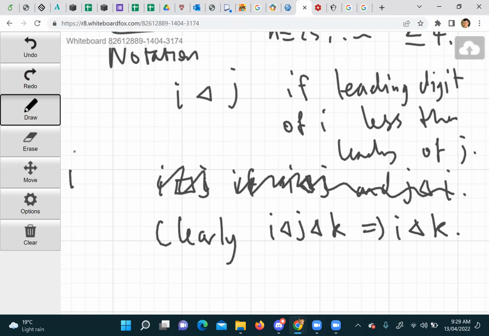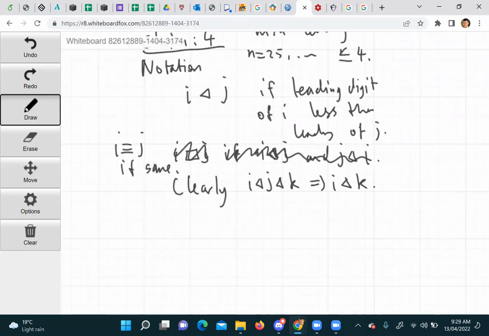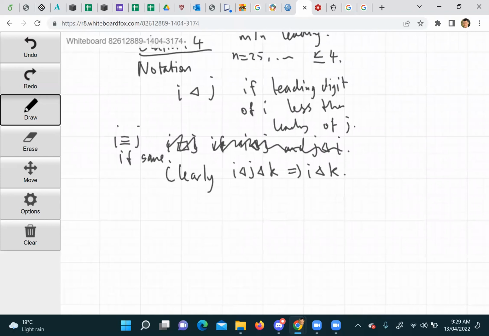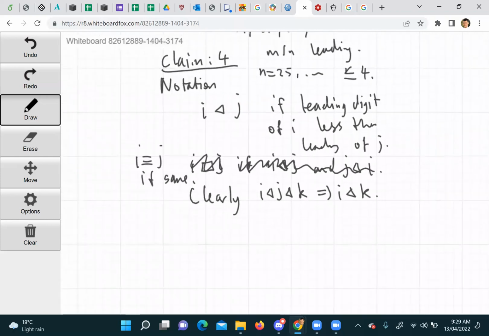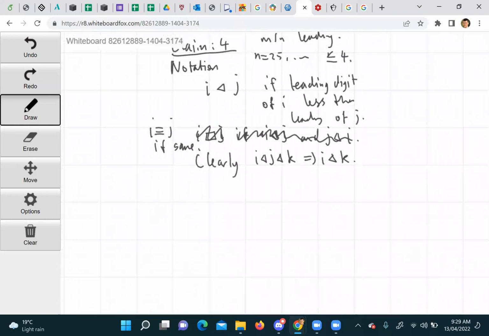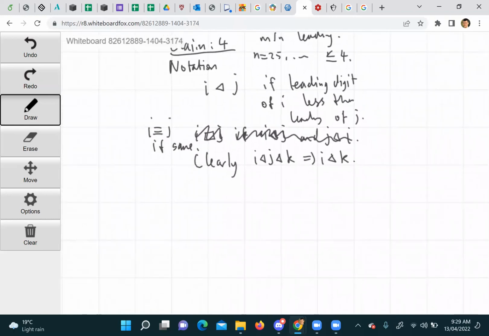I is congruent to J if same, yeah? Okay. It looks like we're working hard, but this saves a lot of work. So you can start with a lemma, yeah?